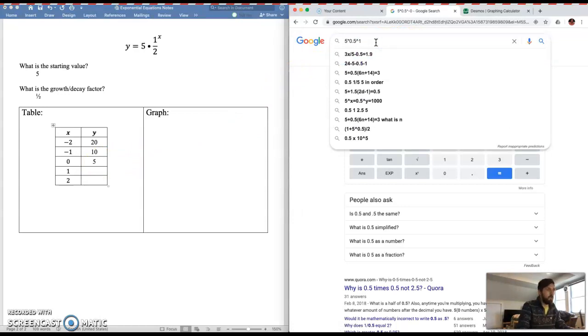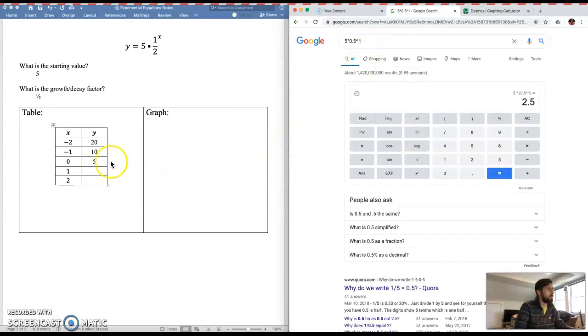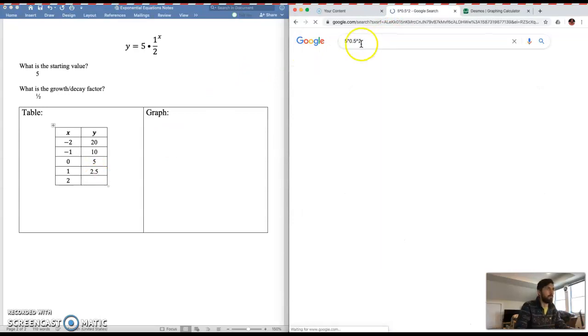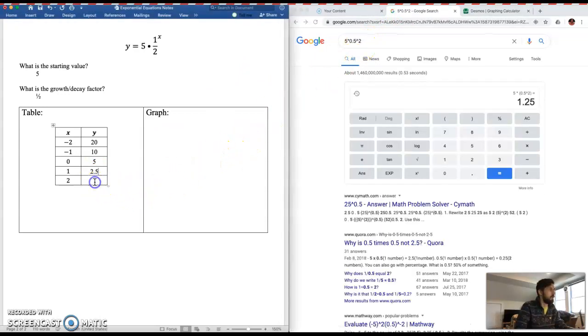Now where it's +1, got to make sure I get rid of that negative, so that's 2.5. 2.5 and 2, so that is going to give us 1.25. All right.